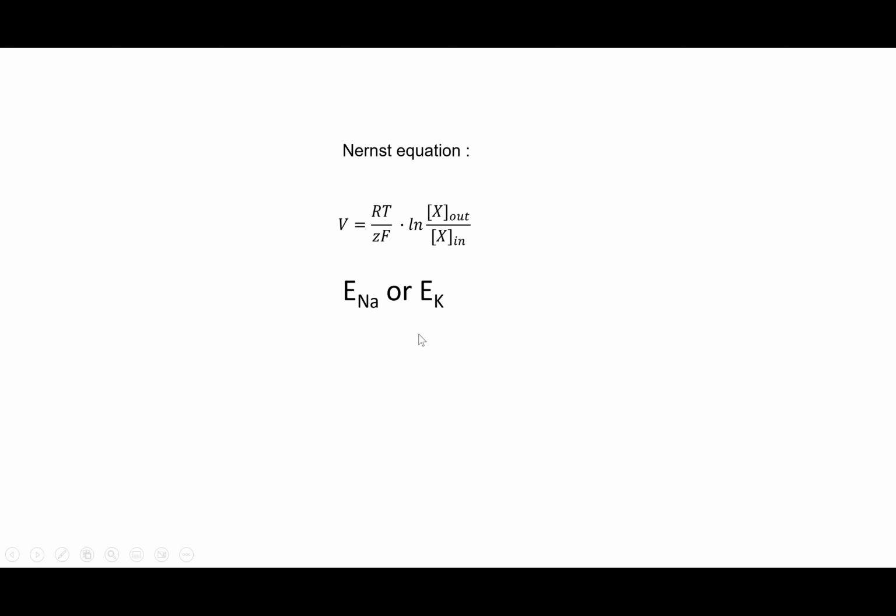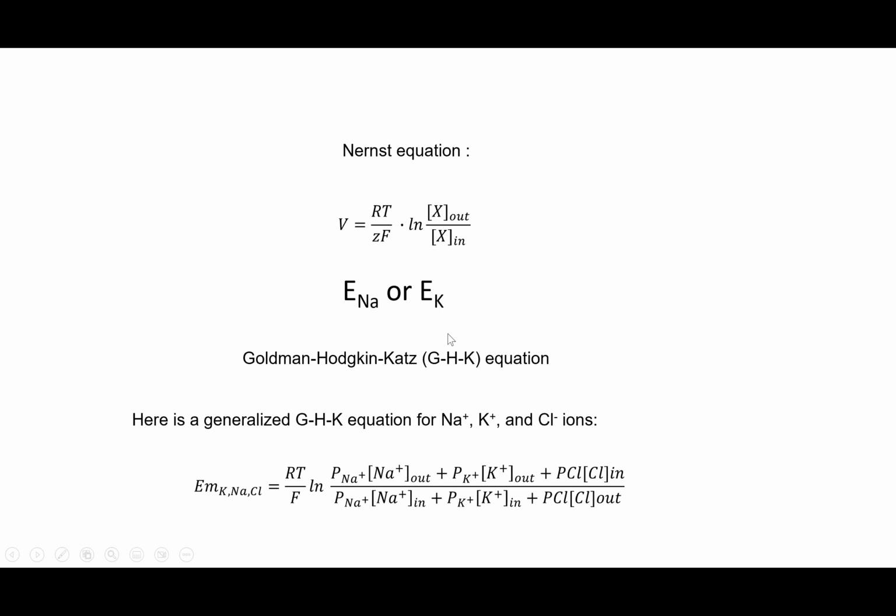What does that mean? The equilibrium potential is what the driving force for that particular ion is. So sodium wants to go to a positive value, and potassium wants to go to the equilibrium potential for the negative value.